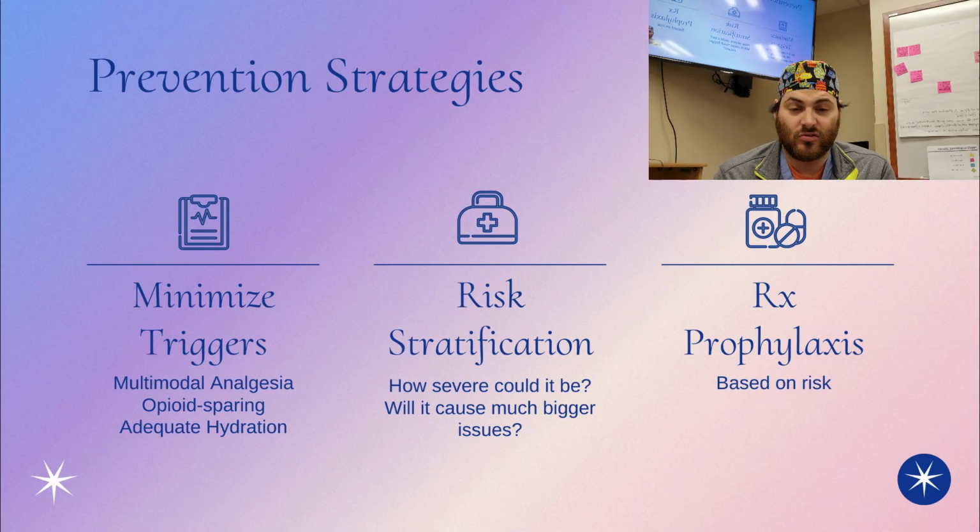Is it going to cause really big issues and problems? And then another prevention strategy is to just look at prophylaxis. Most of this is prescription drugs. There's a couple other things that we'll get into next month, but most of it is what medications can I give you that will reduce the amount of nausea and vomiting that you possibly have.